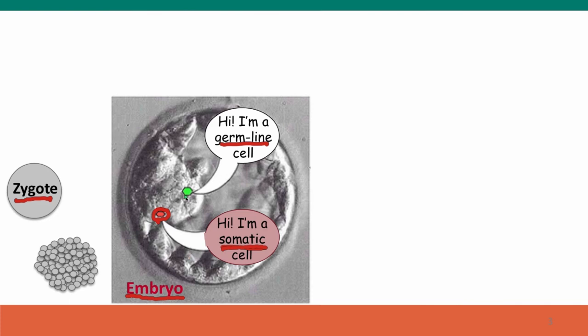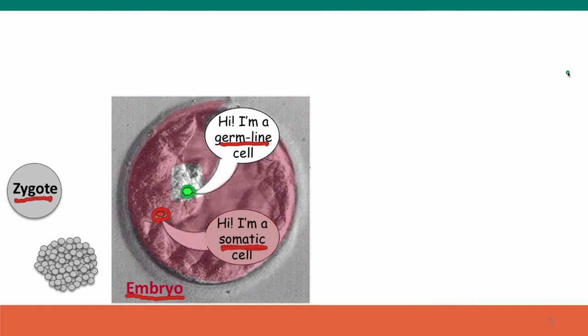Only the small group of cells here that are already specialized, already dedicated to one particular fate, these cells are going to give rise to the sexual cells, in particular to the eggs or sperm that this adult is going to produce.